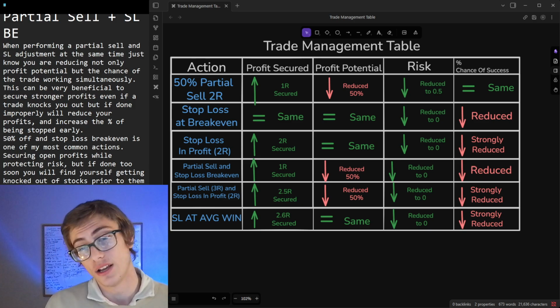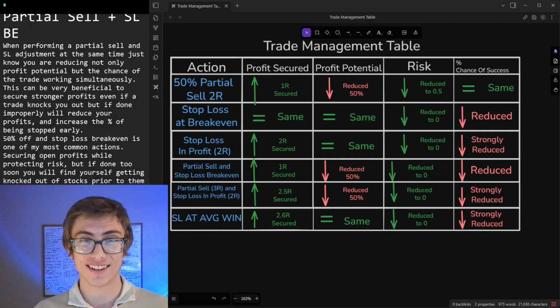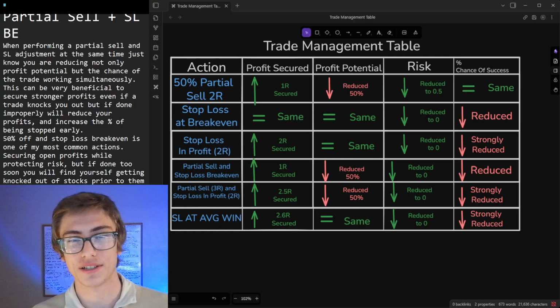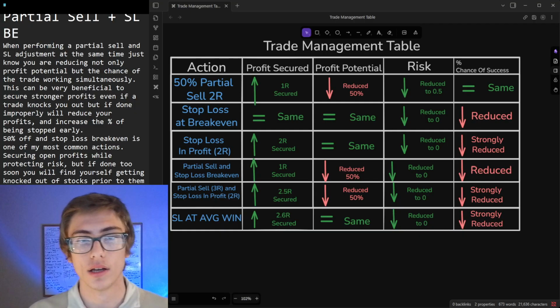So you're increasing the chance of just getting small little winners, right? Little winners, which isn't always bad, but it is something to consider. You're increasing the chance of that happening.